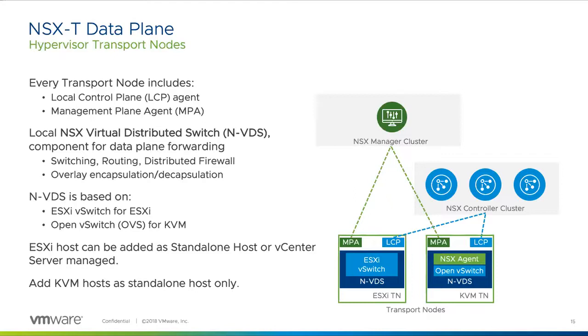The only other important thing to note is these edge nodes are sort of like what the edge services gateways were in NSX for vSphere, but like 10 times more. We'll talk specifically about edge nodes in the follow-up series on switching and routing, because there's a lot to them, certainly a lot more than the edge services gateways ever had.